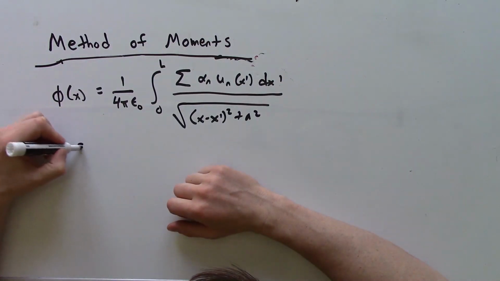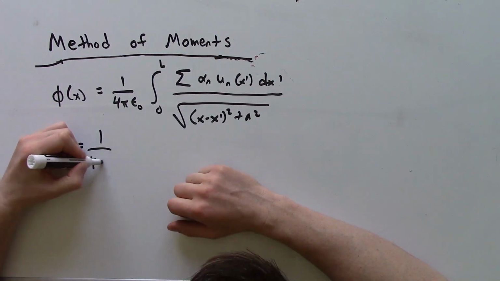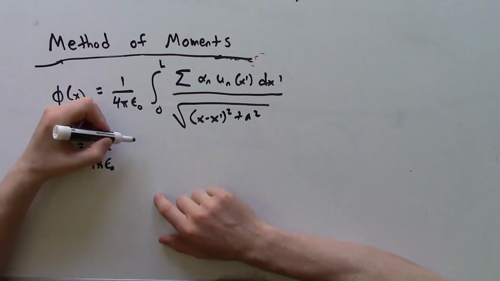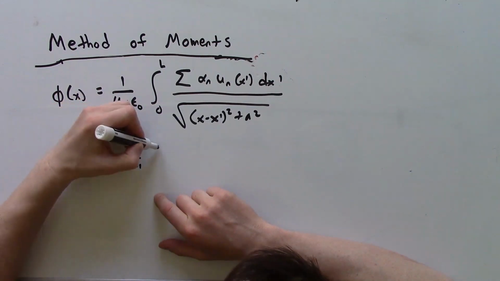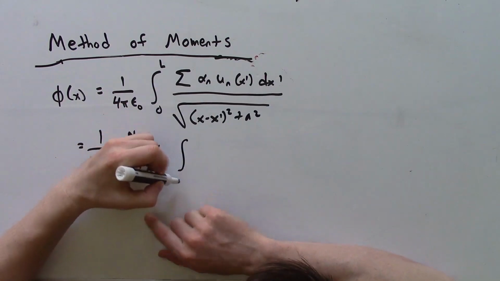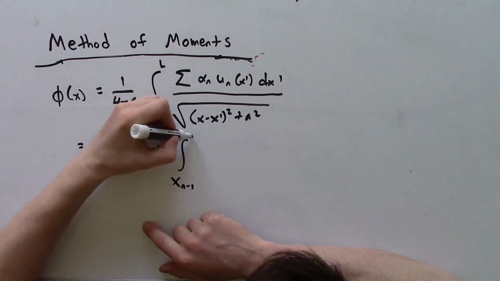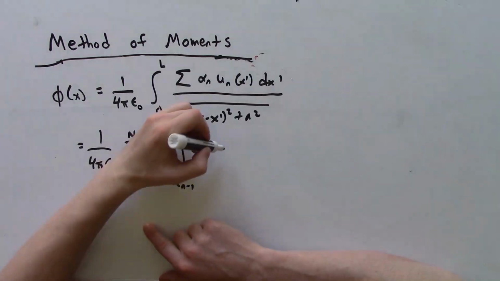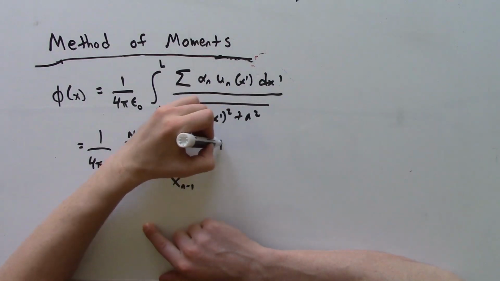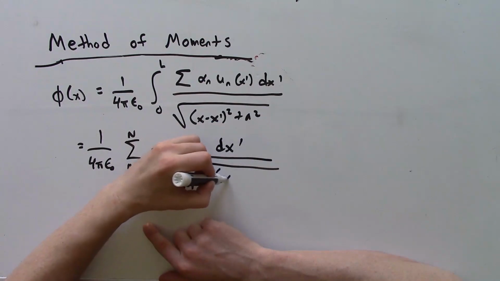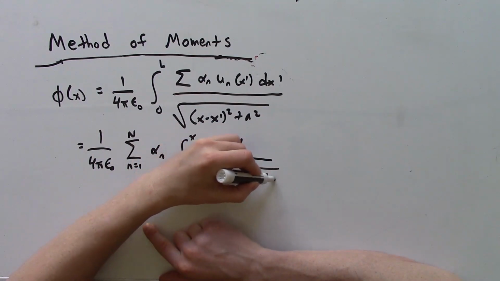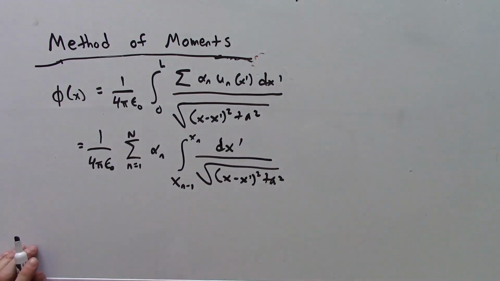It's going to kind of look like the following. 1 over 4 pi epsilon naught, and then we're going to have a summation out here from n equals 1 to n, alpha sub n, the integral from x sub n minus 1 to x sub n, 1, I guess we'll just say dx prime over here, divided by the square root of (x minus x prime) squared plus a squared, like so.